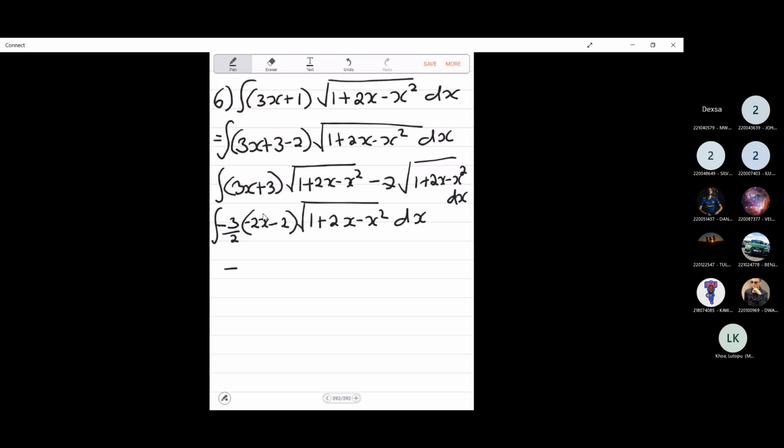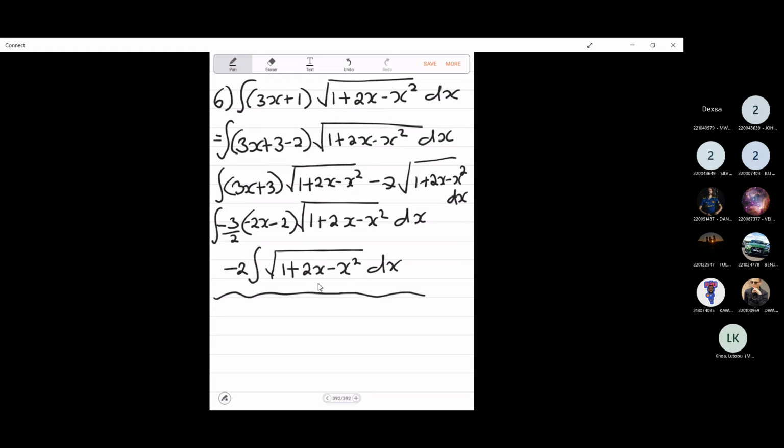And then the second one is 1 plus 2x minus x squared dx. If you have enough space on your paper, by all means write it all horizontally and then solve it. But because I don't have enough space here, I'm just going to integrate this one, integrate that one, and then write my final answer as the combination of the two.